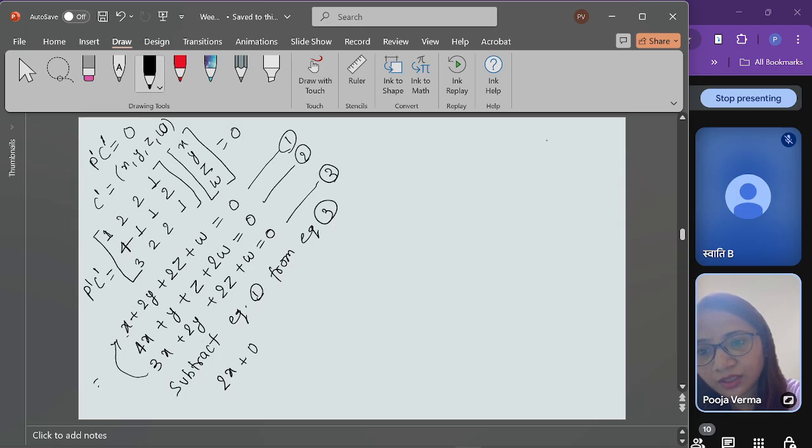Here also 2z minus 2z will be cancelled out, w minus w is 0. So what you are getting? x is equal to 0, right? Here directly you have got x is equal to 0. So now we have got x is equal to 0. So put this x is equal to 0 value in the remaining equations. So you will get some other equations also.